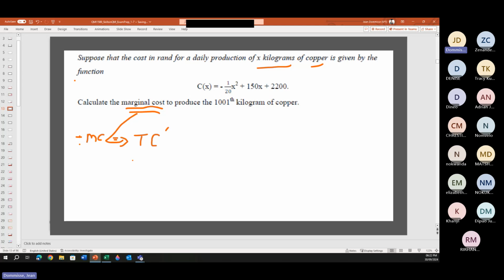It is the total cost differentiated. Okay, so I need to differentiate this cost function. So how I differentiate is, remember that 2 goes to the front.